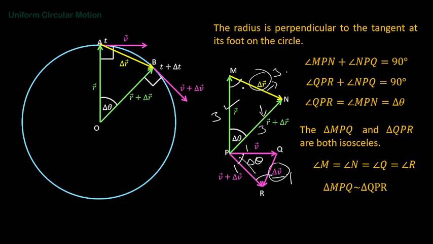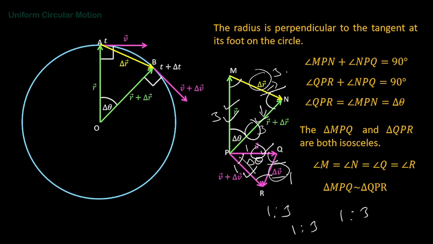So the side in front of angle M, which is this side, will compare with the side in front of the angle R, which is this side. And if the first pair of sides, this side and this side, had the ratio 1 to 3, then the other corresponding sides, this side and this side, will also have the ratio of 1 to 3, and the remaining pair of corresponding sides, which are the sides in front of the angle N and in front of the angle Q, will also have the ratio of 1 and 3.